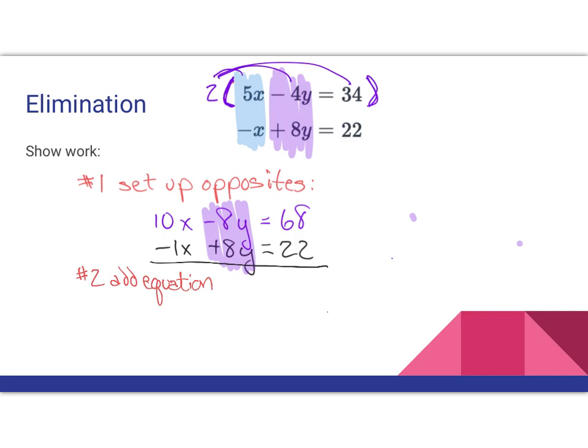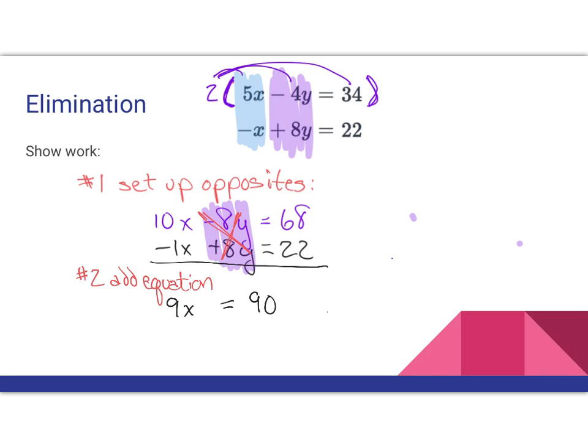So I've got 10x minus 1x is 9x. And then the negative 8y plus 8y, that's gone. That was the whole purpose of this, right? Was to eliminate that. If we'd still have it, we didn't do what we were supposed to. So then that's gone. And over here, that's equal to 90 when I add those two up.